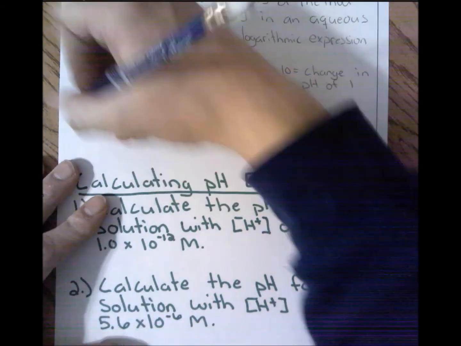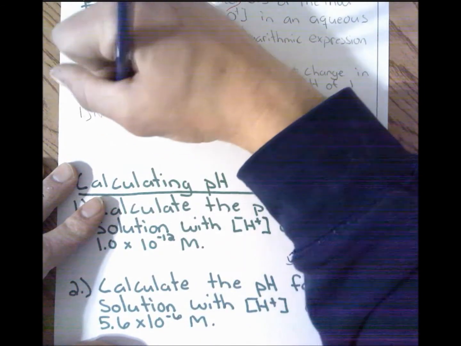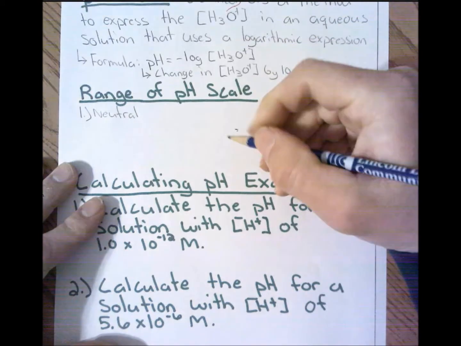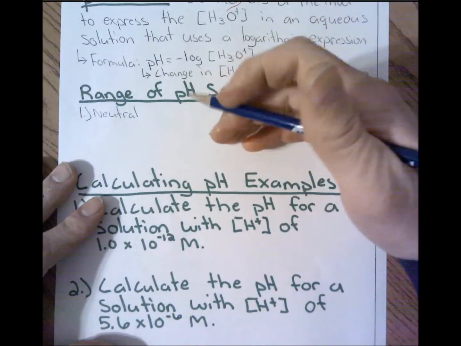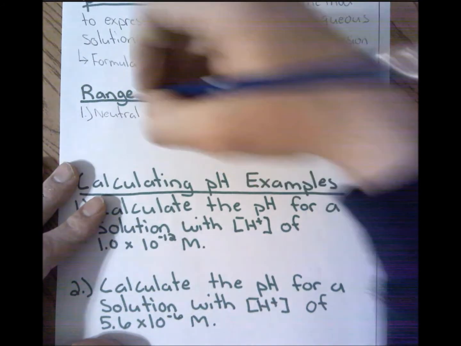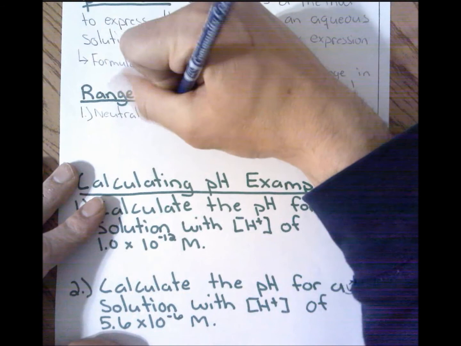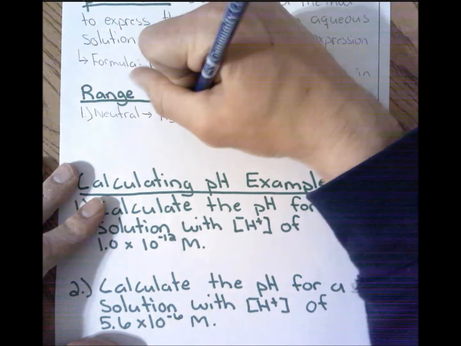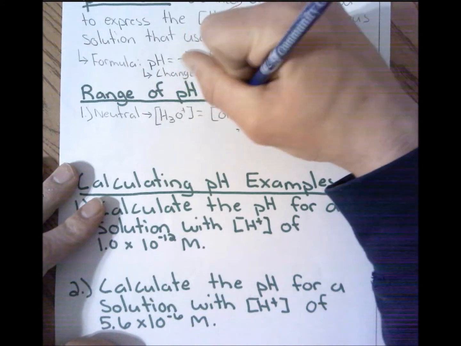So going through this and determining what the pH scale actually is, we have 3 scenarios. The first one is a neutral solution. In a neutral solution, the concentration of H3O plus is equal to the concentration of OH minus.